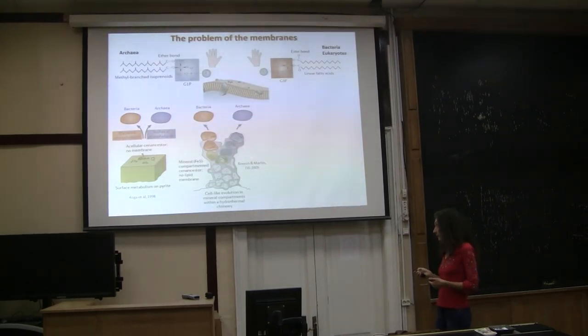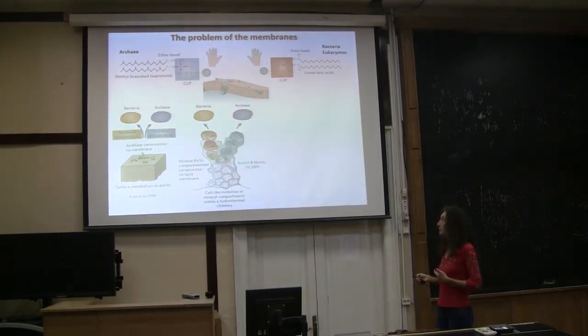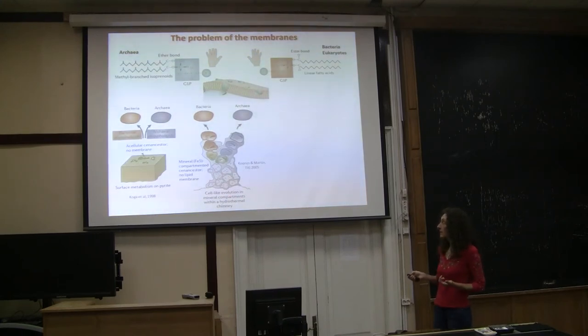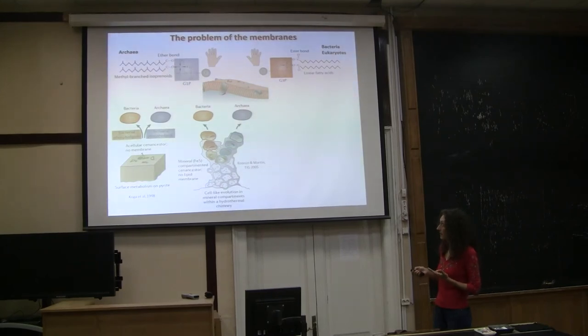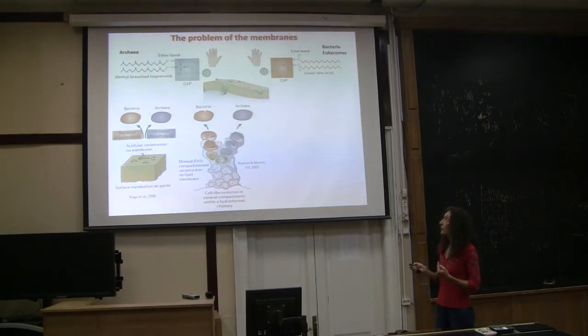People like Bill Martin and Eugene Koonin proposed that the last common ancestor of all organisms didn't have lipid membranes, but mineral membranes, and that the bacterial and the archaeal lipid biosynthesis pathways evolved independently. So this is a very strong assumption.